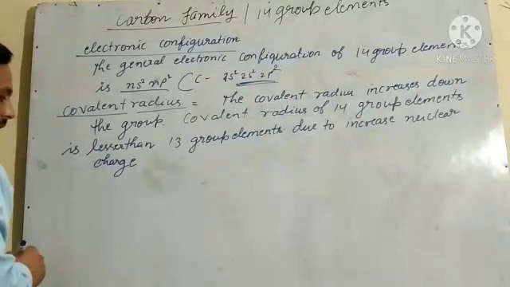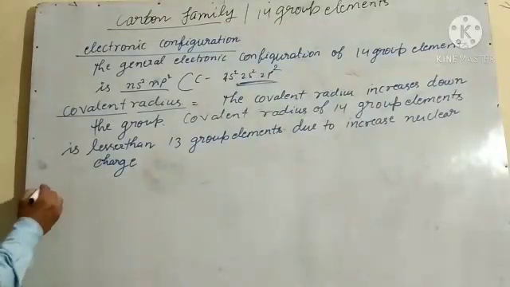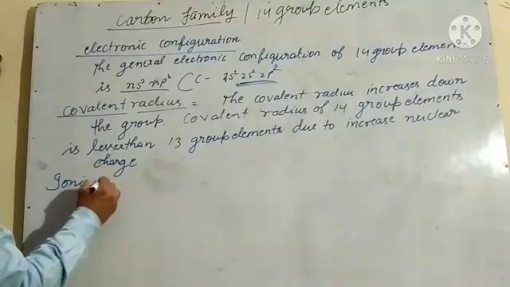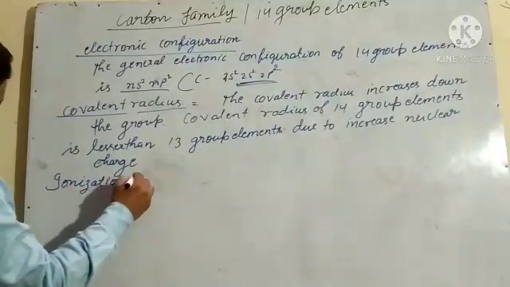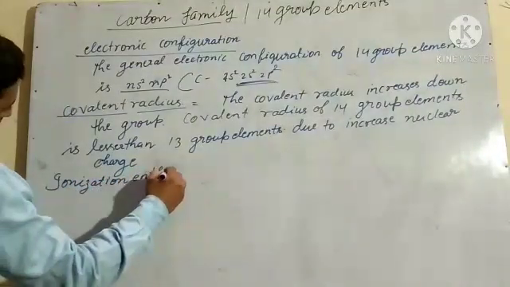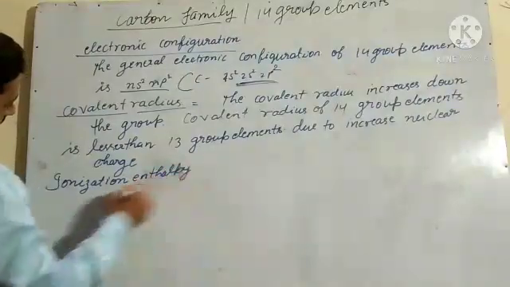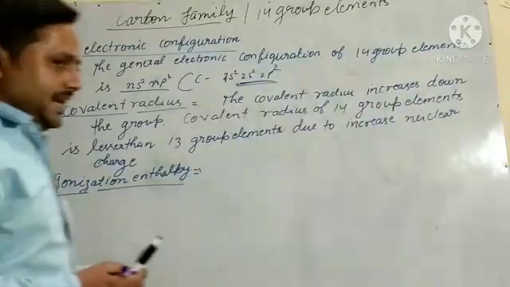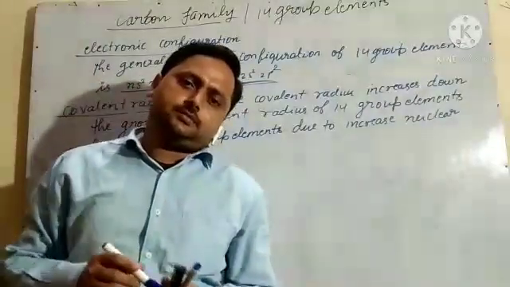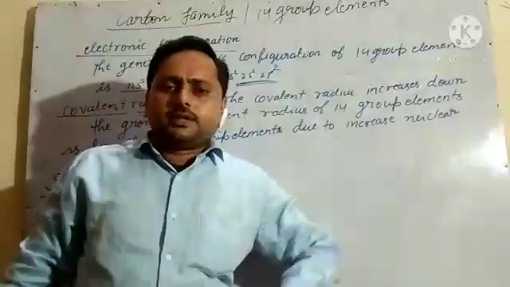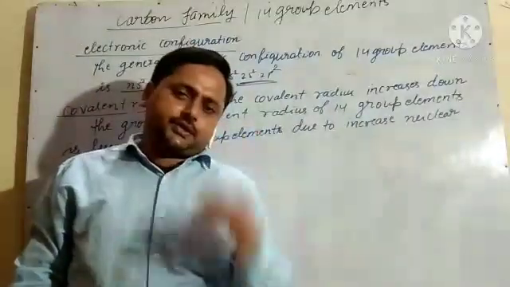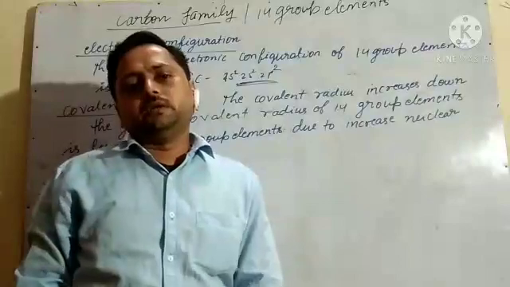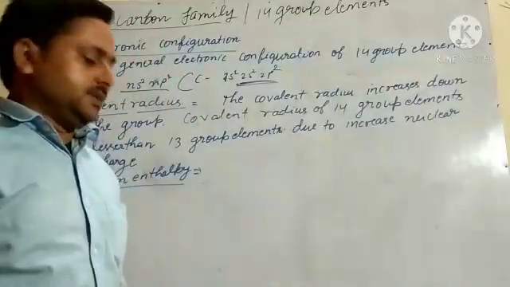Okay. Next is ionization enthalpy. You might know the general rule that ionization enthalpy decreases down the group. But if some problem is there, then that is affected.